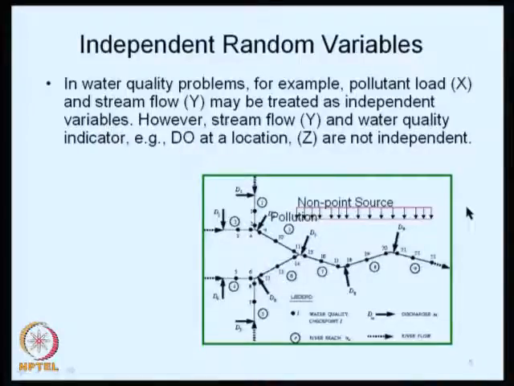So, the pollutant load and stream flow may be treated as independent variables, because pollutant load is essentially from anthropogenic activities, although it may be a random variable, and the stream flow is essentially a natural process. So, the pollutant load, which is one of the random variables x, and the stream flow, which is the other random variable y, may be treated as independent variables.